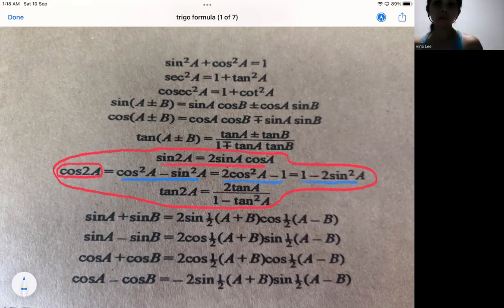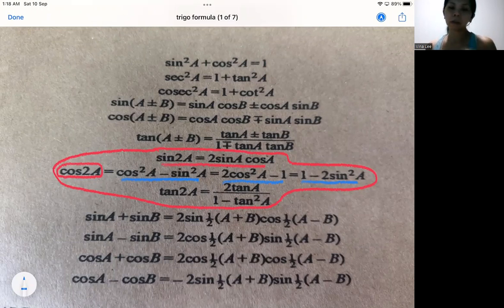So for cosine 2A, there are three formulas, but they put it in this way. Tangent 2A, there's only one formula. Like I said, the troublesome part is cosine 2A because there are three of them.